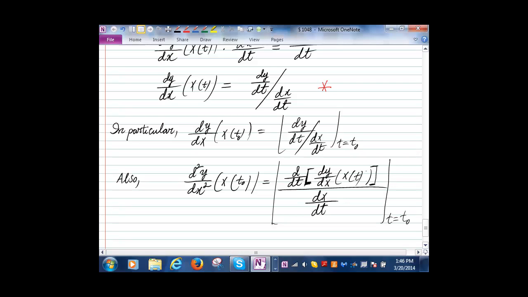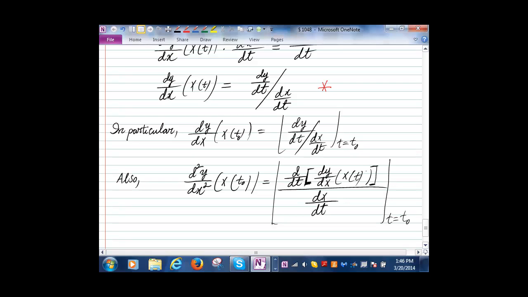Notice that the denominator here is the same as the denominator in the previous line. But in the numerator here, I am taking the derivative with respect to t of what? I am taking whatever derivative I obtained here, that's what I'm putting right here. Is that making sense?